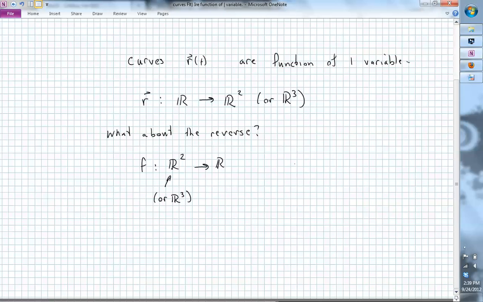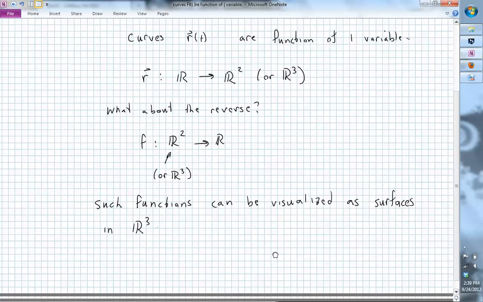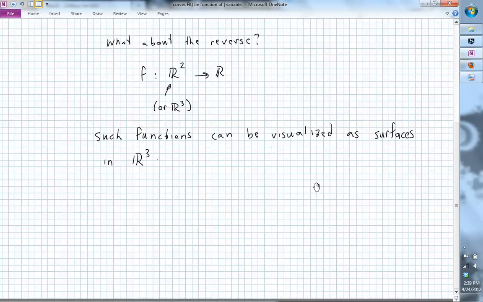So we might write... so such functions can be visualized as surfaces in R3.